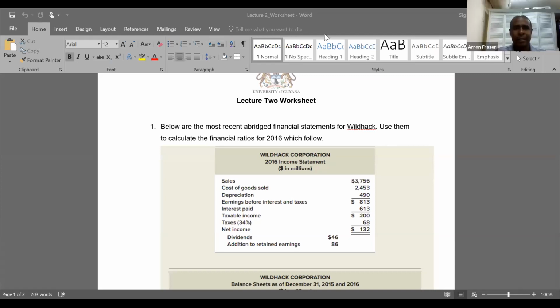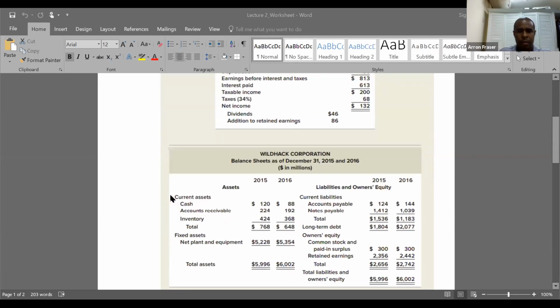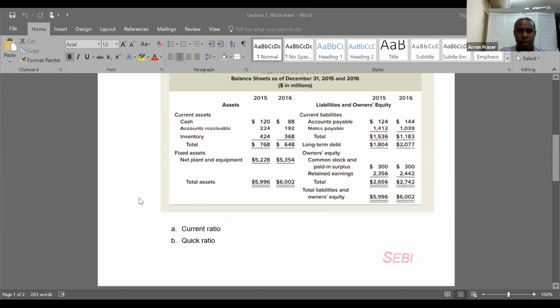Okay, we're back. So let's work through the first question on the worksheet. So A, we're asked to calculate the current ratio.